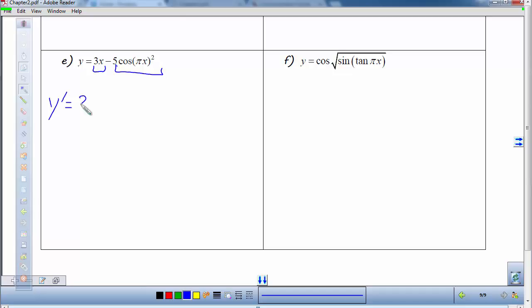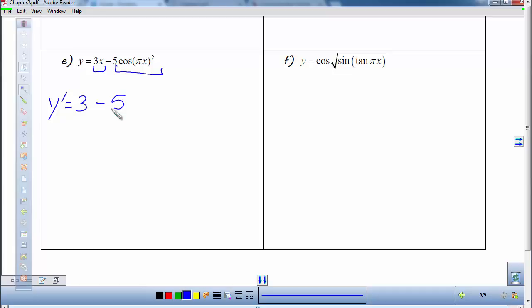Okay, got that part. Now I need to deal with minus 5 cosine pi x squared. The square is on pi x. So the minus 5 is just a constant multiple. Once I take the derivative of cosine, in this case cosine is on the outside, right?